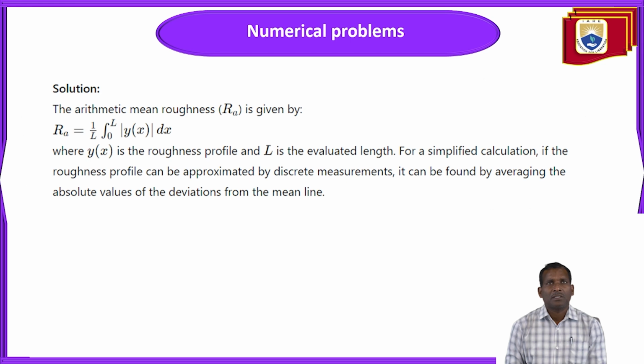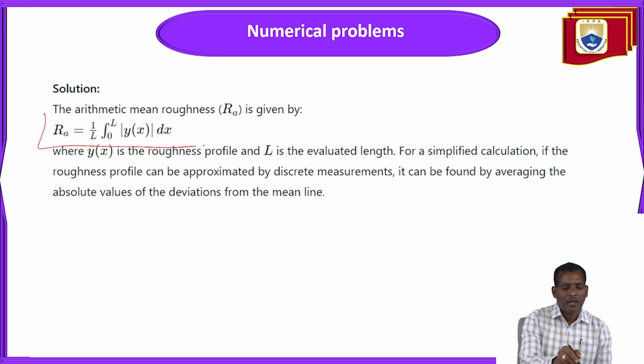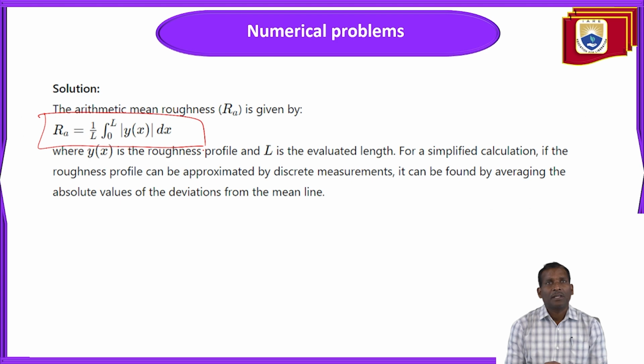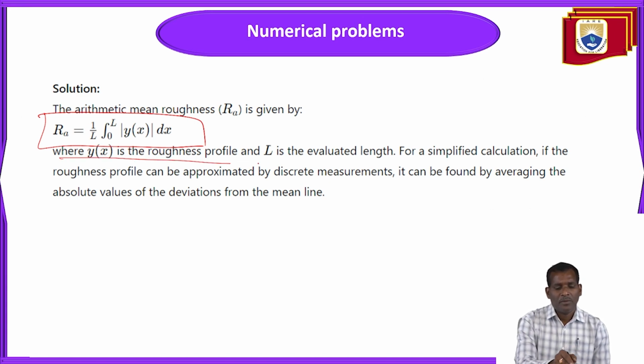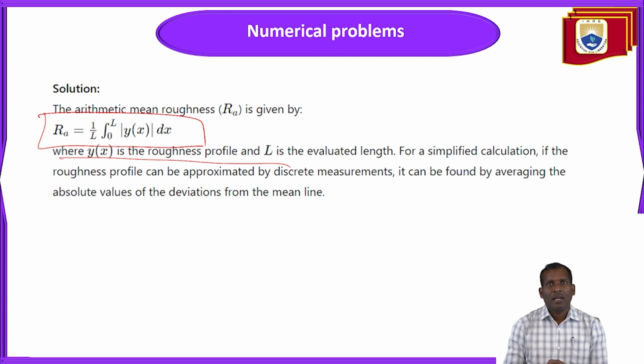By using this equation, the arithmetic mean roughness is given by Ra equal to 1 by L integral 0 to L, where the minimum limit is 0 and the maximum limit is L, of y of x dx, where y of x is the roughness profile and L is the evaluated length.